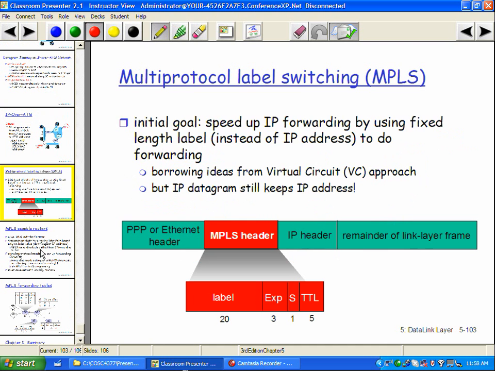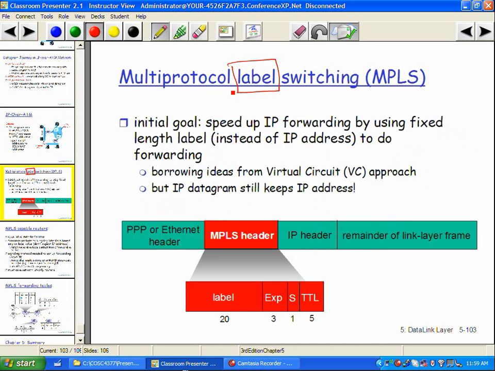The second mini topic left in this is MPLS, which stands for multi-protocol label switching, and routers that employ that are also called label routers.